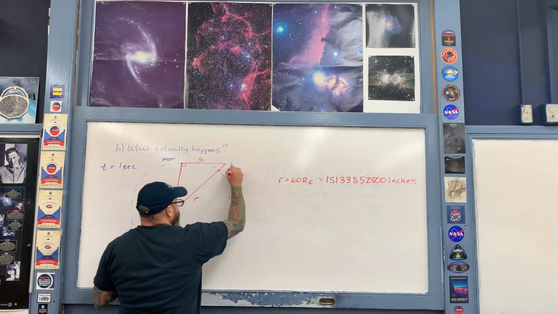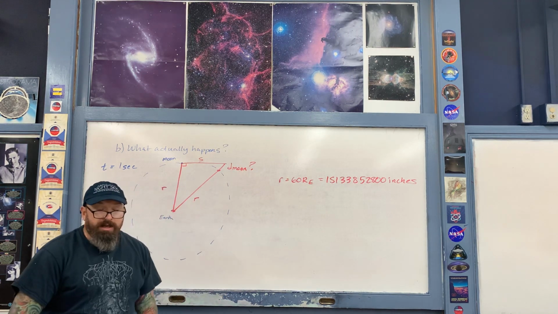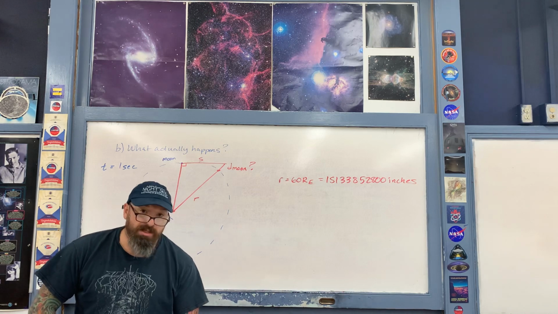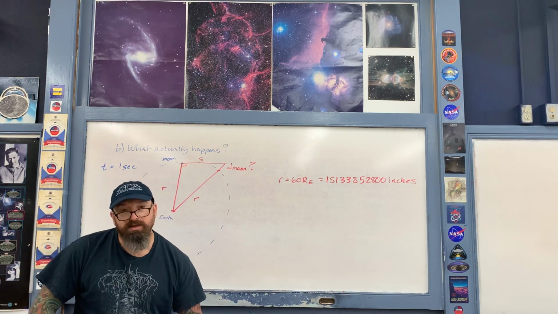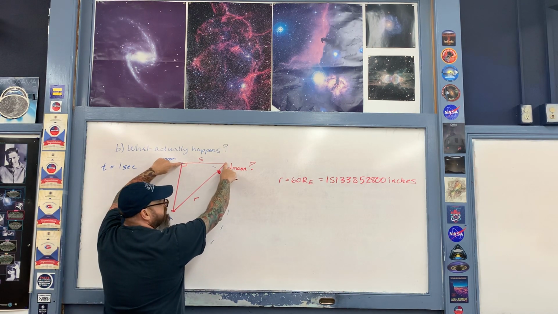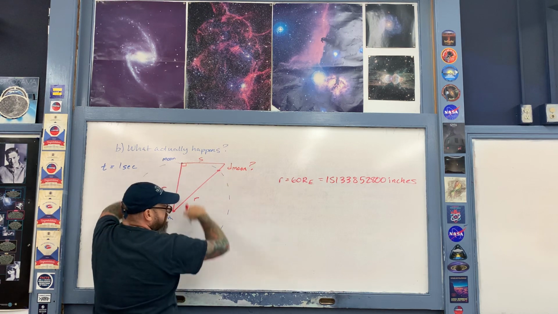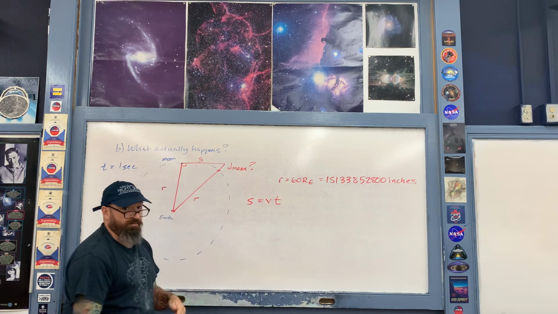Let's call it D moon. Now we can determine what D moon is by just using a little bit of Pythagorean theorem. Before I use Pythagorean theorem, however, we do need to know this distance here. This is the linear distance that the moon moves in 1 second. So this distance S here is equal to the speed of the moon multiplied by the time of 1 second.